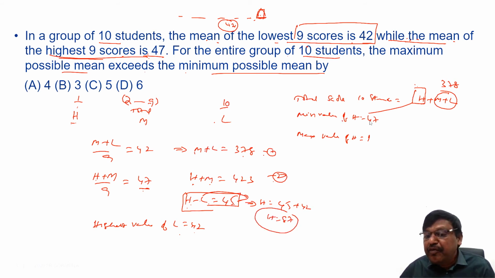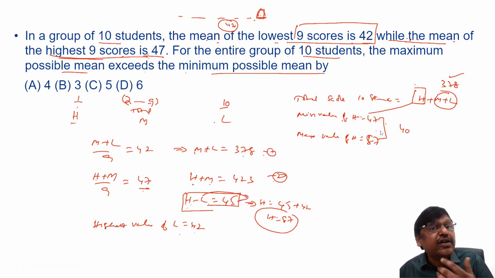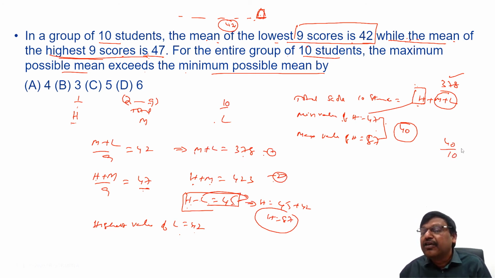So the minimum value of H is 47, the maximum value of H is 87, which means H differs by 40. Since H differs by 40, the total also will differ by 40. If the total differs by 40, the mean of those 10 people will differ by 40 by 10, that is 4.